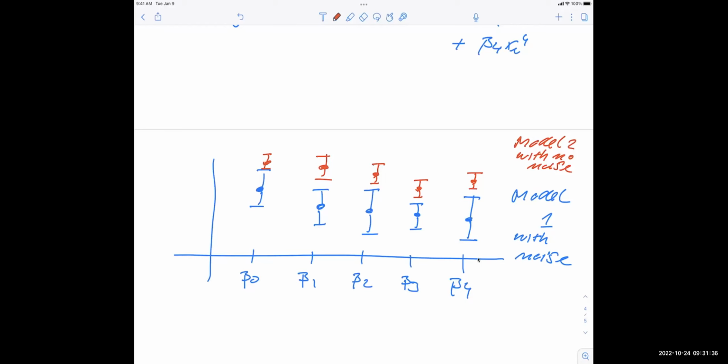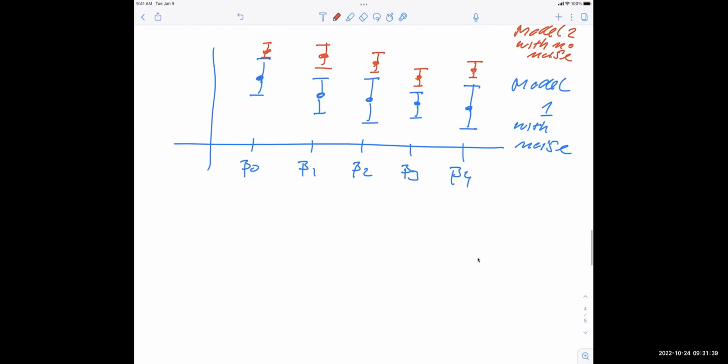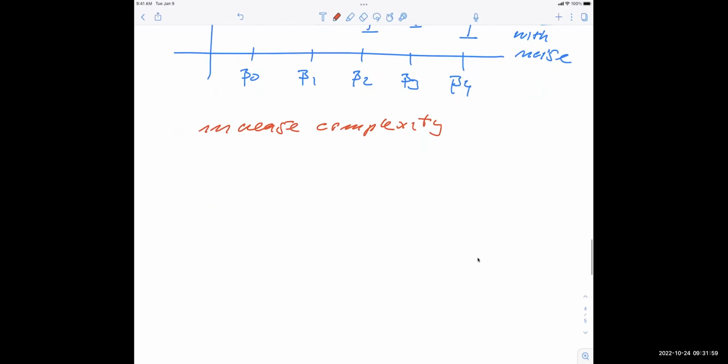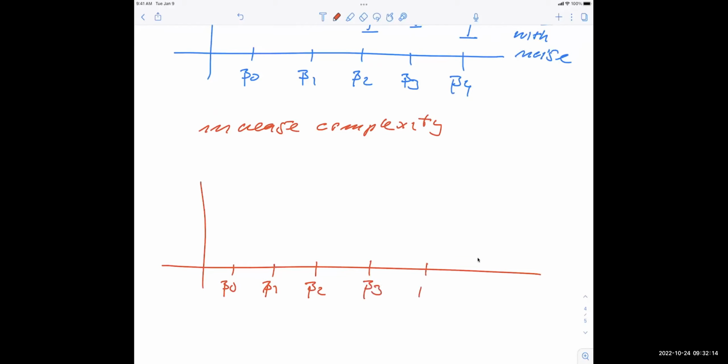Now if I increase the model complexity, so suppose we go from a model with no noise or a model with noise, and then we increase the complexity, and we go from a polynomial degree 4 to a polynomial degree 5. So we have a beta 0, a beta 1, a beta 2, a beta 3, a beta 4, and then a beta 5 here.